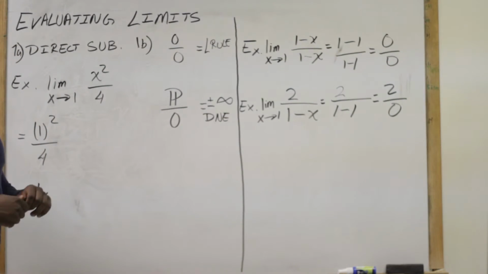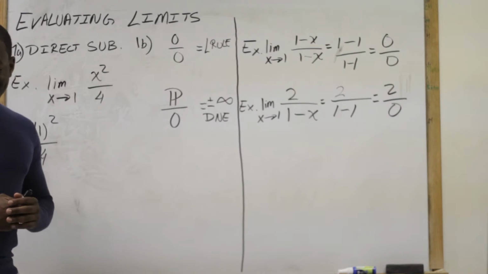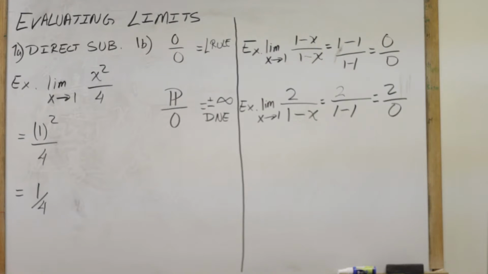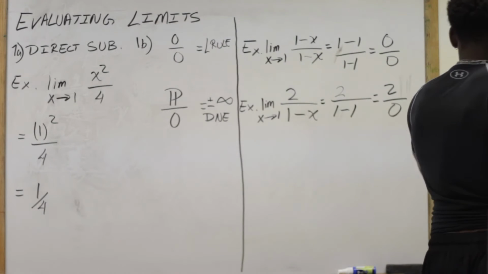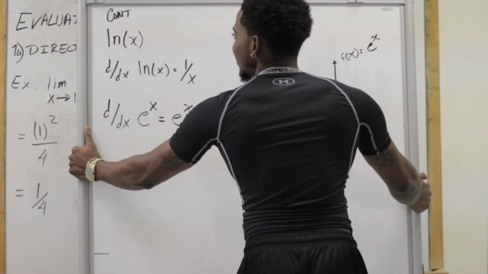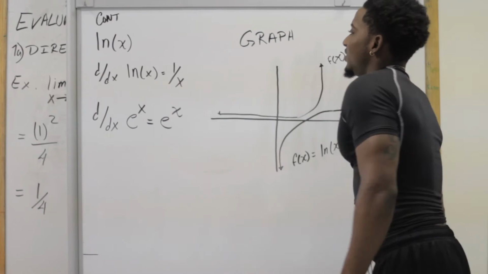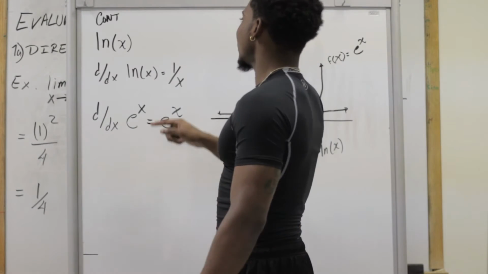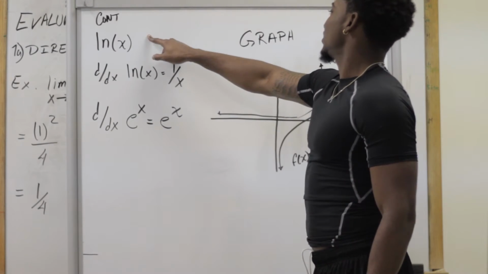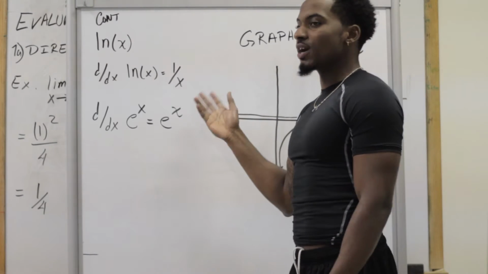Now we're going to switch over and show you how you evaluate limits for graphing. So here is evaluating limits, but the only difference is you're doing it with graphing.